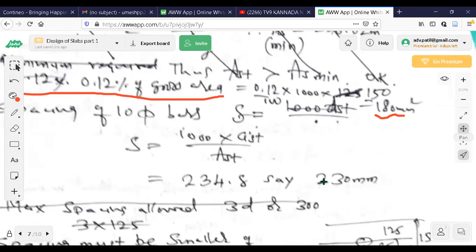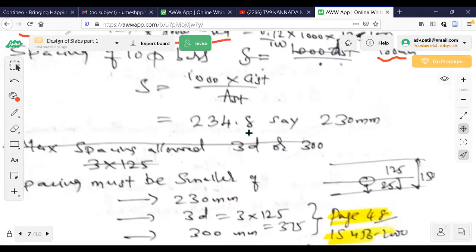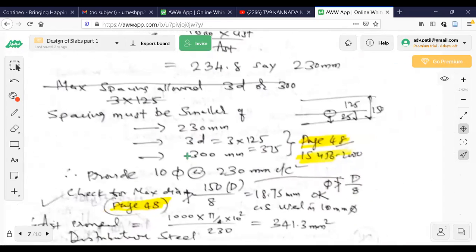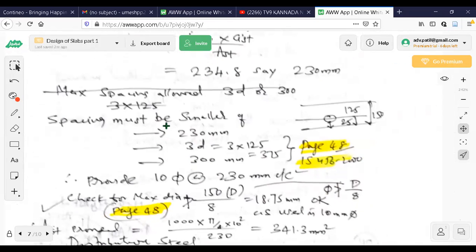234 we are getting. Again, directly you cannot use 230. It has to be checked against this condition. The condition is spacing should be smaller of whatever I have calculated here.